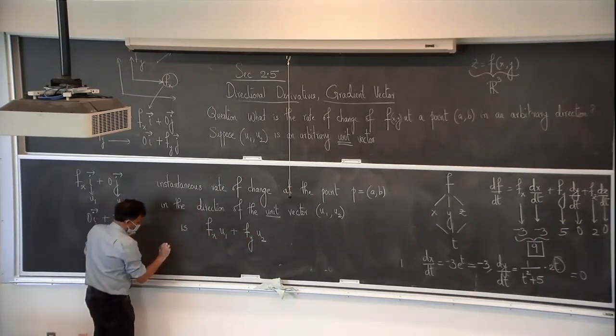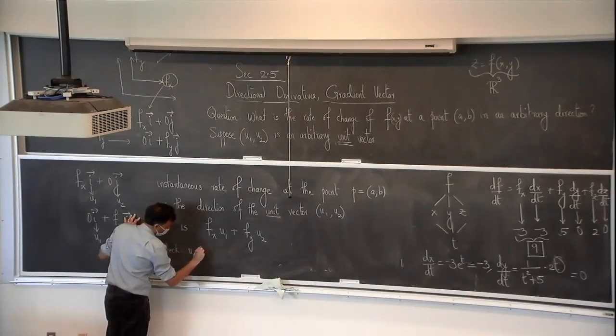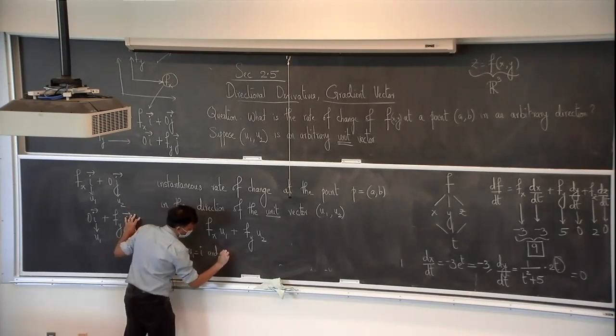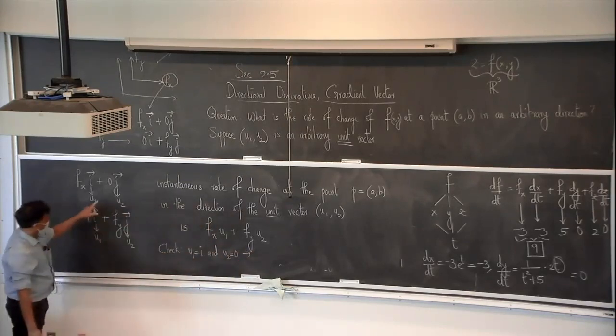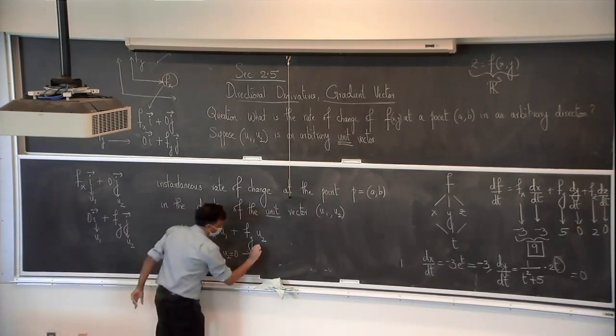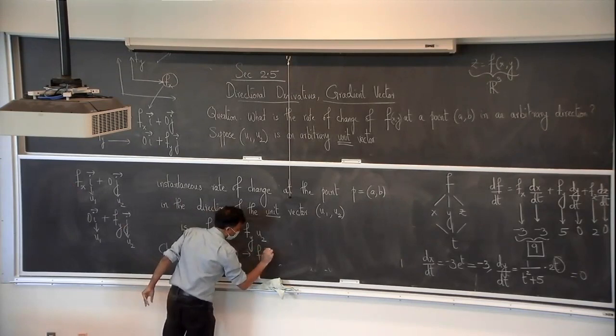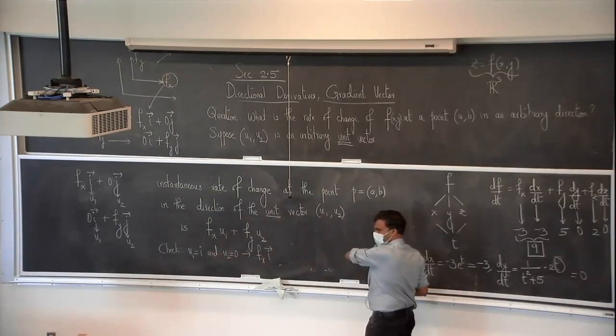So check: if u1 equals 1 and u2 equals 0, we still get the partial derivative with respect to x. That means you're parallel to the x-axis.